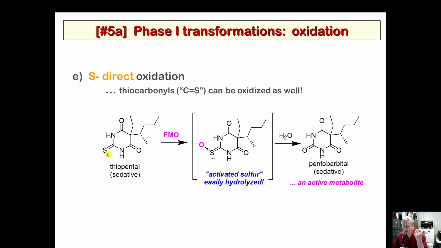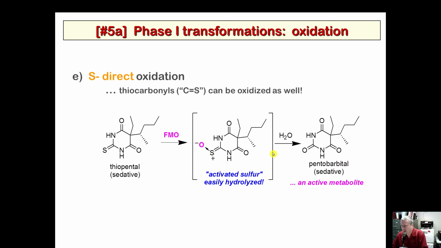it's got a thiocarbonyl in it as a C double bond S, and that can be directly oxidized with FMO to the thiocarbonyl S oxide, right? These are very easy to hydrolyze or kick off because this is now a good leaving group.